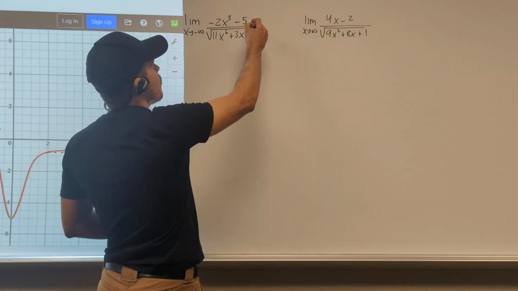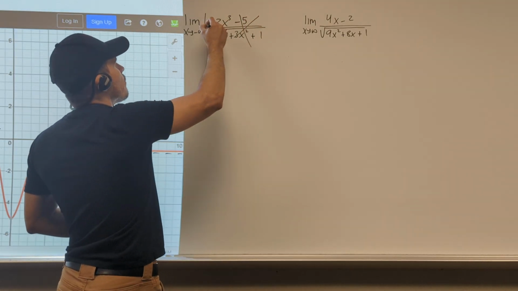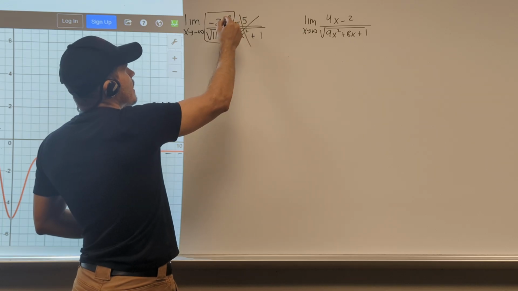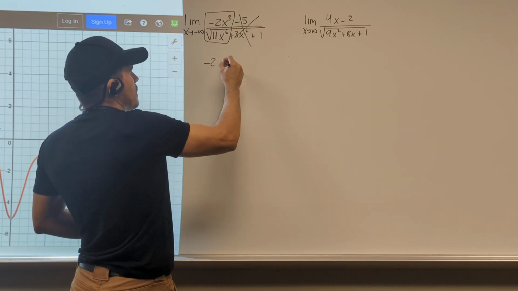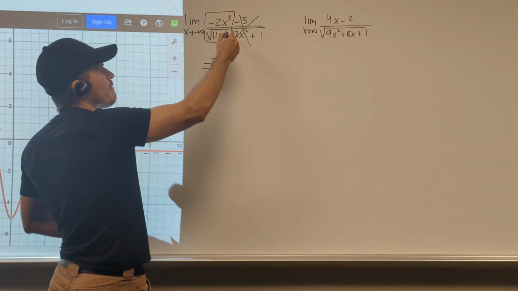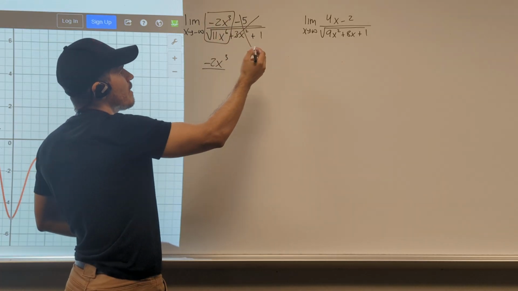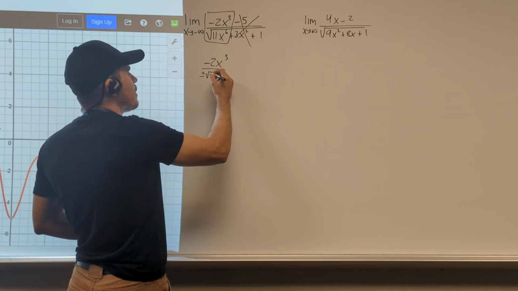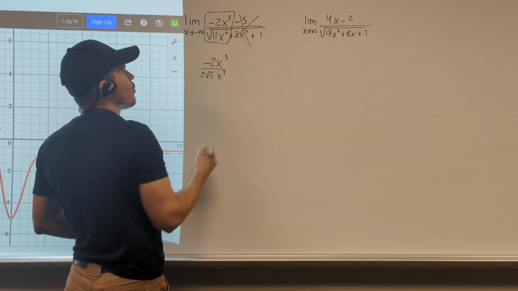So I'm going to ignore all of this, and I'm only going to focus on this. Now, the degree in here is 3. And then technically speaking, guys, if I have the square root of 11 x to the 6, I can turn this into plus or minus the square root of 11 and then x to the 3rd.